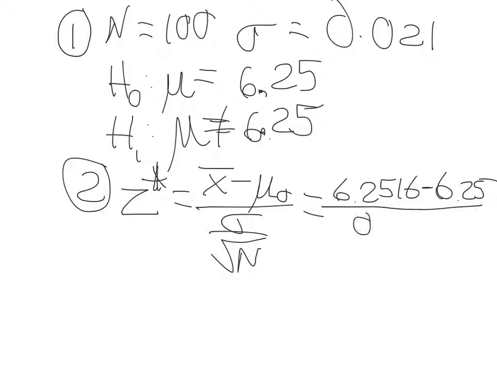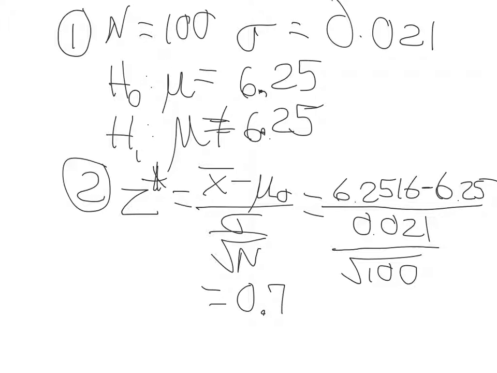The sigma is the 0.021. And the n, of course, is the 100. Now when you do your hand waving, I actually cheated and used R. I'll show you what steps I used in a minute. I'll actually put that on the paper that's going to be attached to this. So when I did that out, I got 0.7619. Okay?